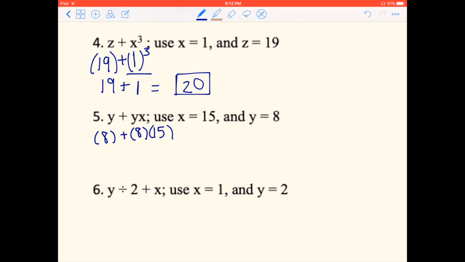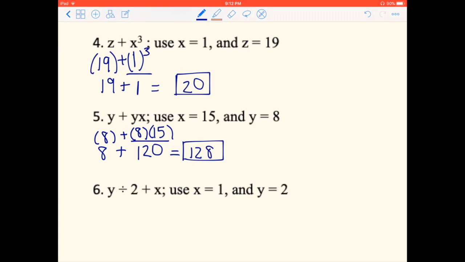Then we have 8 times 15. Again, we're doing our PEMDAS, so you want to make sure to do the multiplication first. Plus 8. So 8 plus 120 equals 128. Again, you can put that into your calculator straight from the beginning, as long as you use parentheses to make sure you have the right order of operations.